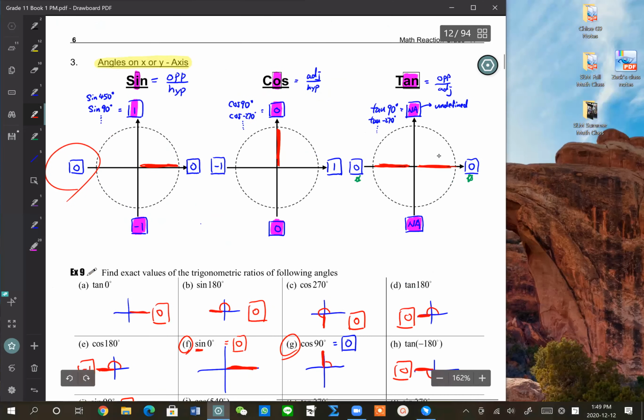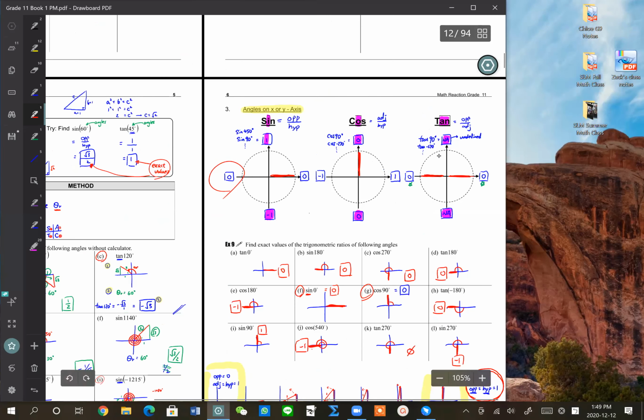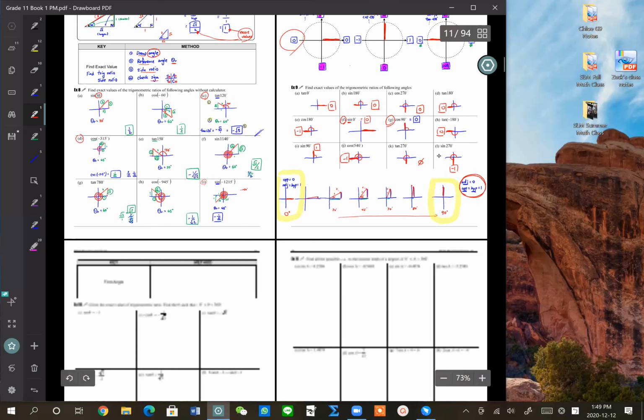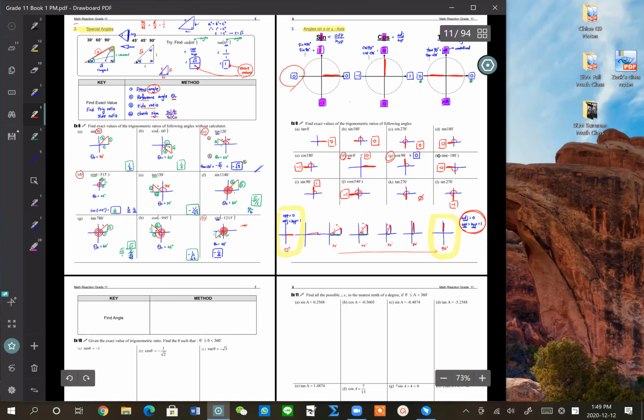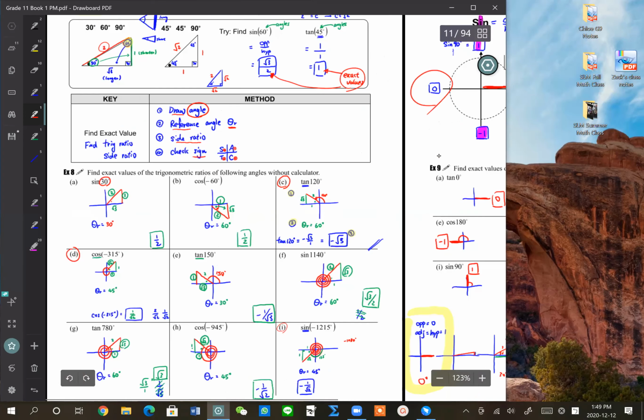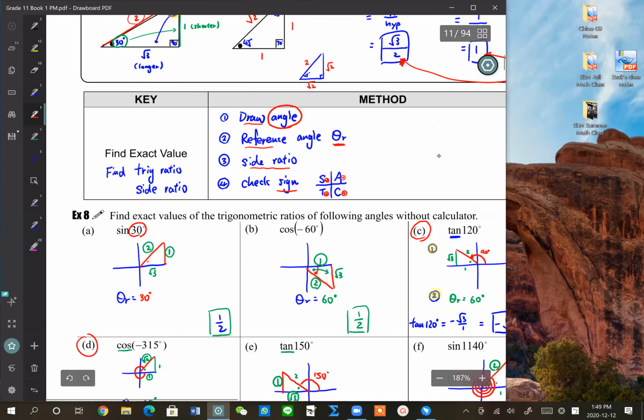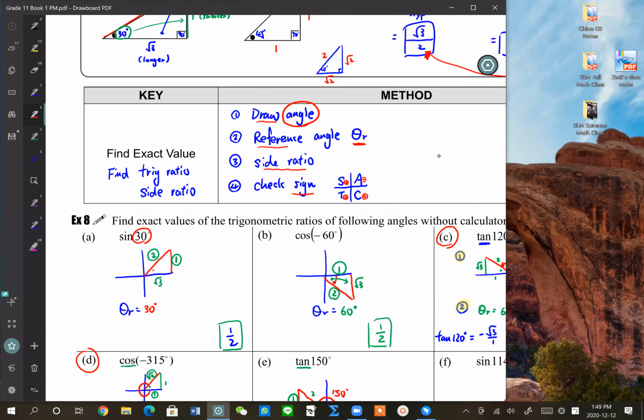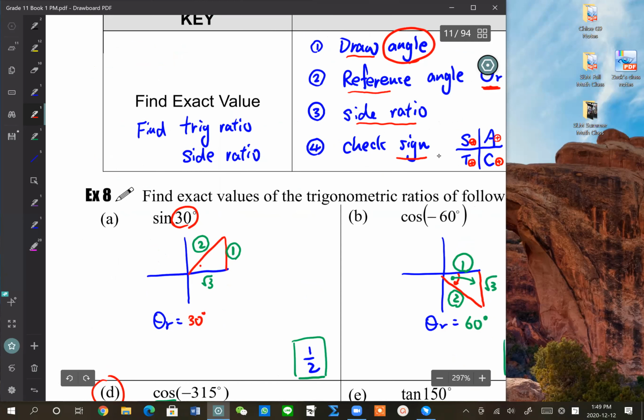So if no question, today we're going to learn something that's going backwards. Backwards means over here, they give you the angle of 30°, and then you figure out the ratio, which is 1/2.